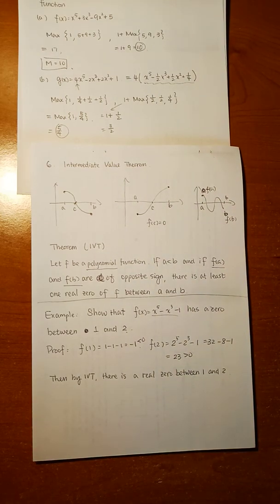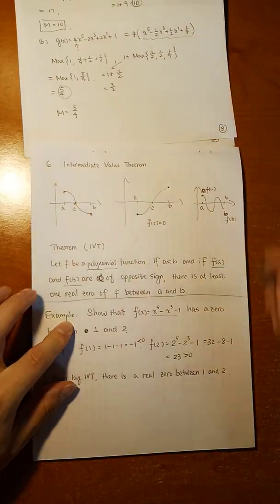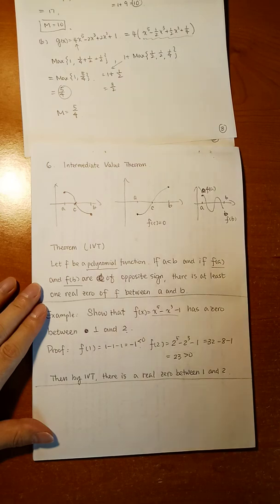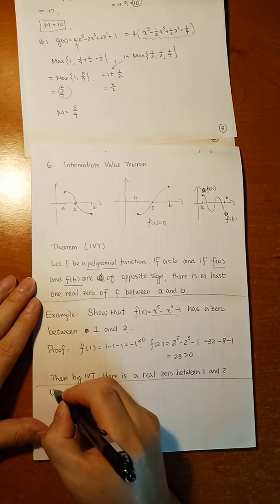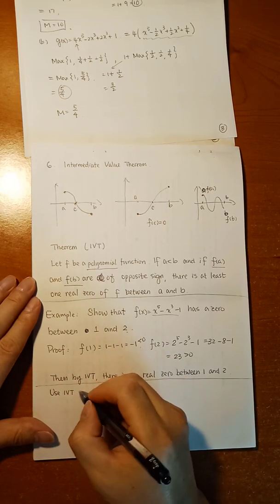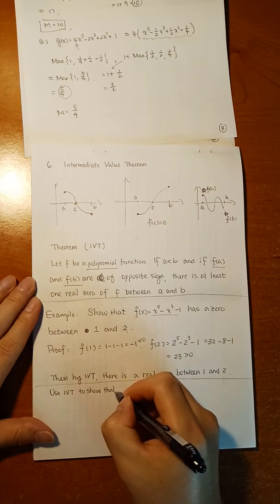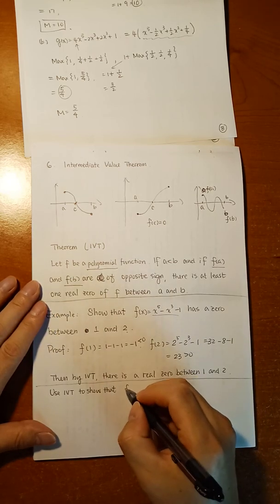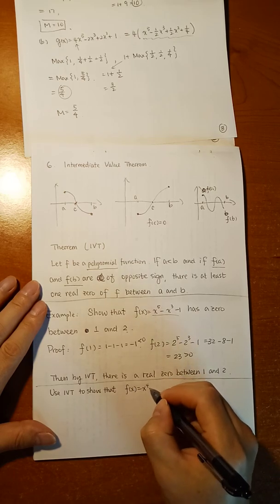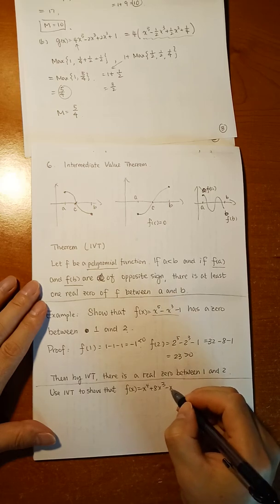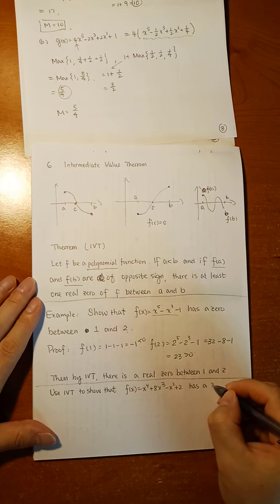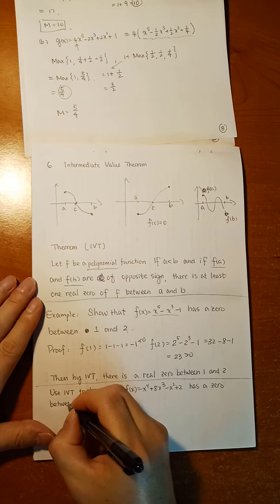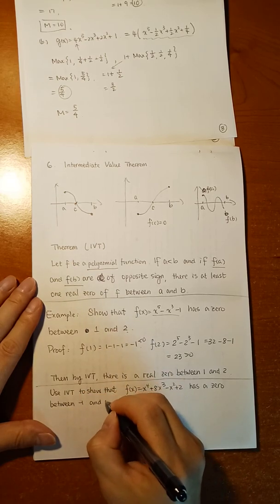Let's see another example. Use IVT to show that f(x) = x^4 + 8x^3 - x^2 + 2 has a zero between -1 and 0.